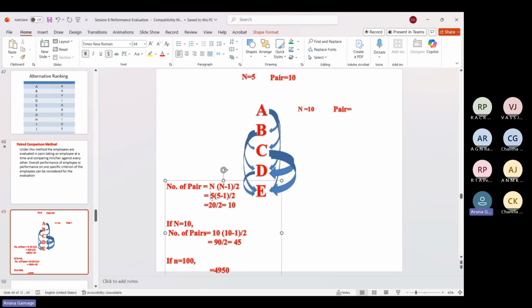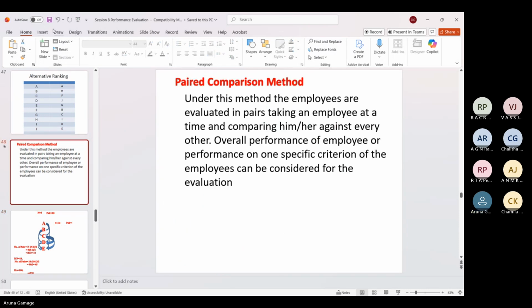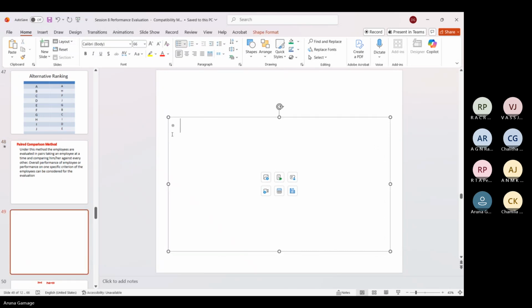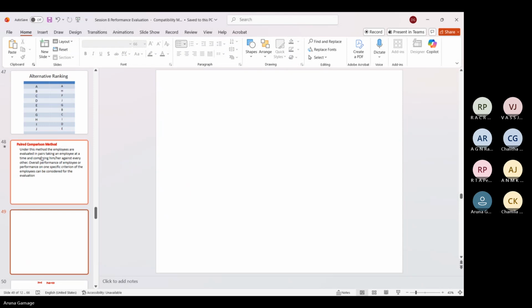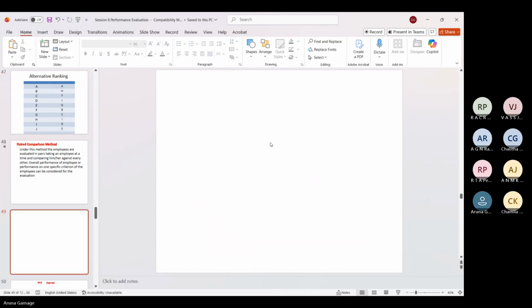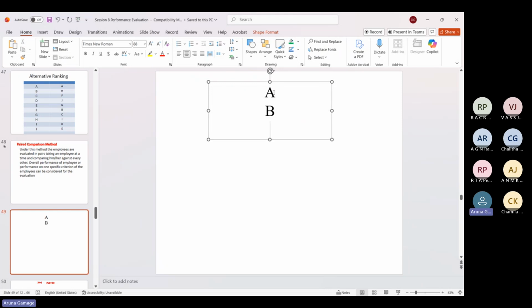For example, we'll take employees A, B, C, D, E. There are 5 employees.